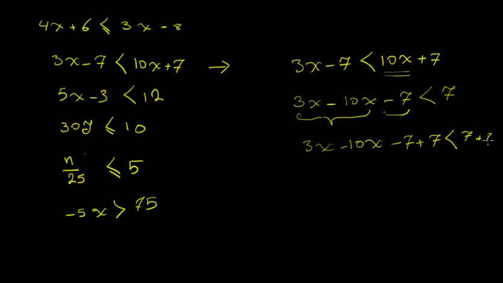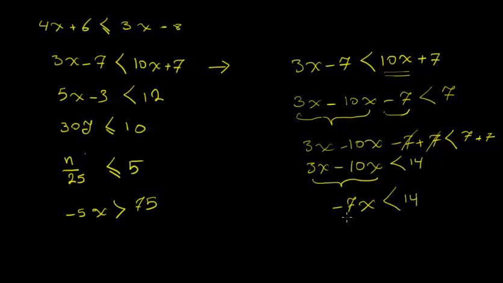So we'll have 3x minus 10x. These two cancel out and we'll have 14. Now we can combine these two and we'll have minus 7x. Positive 3x minus 10x will have minus 7x less than 14.